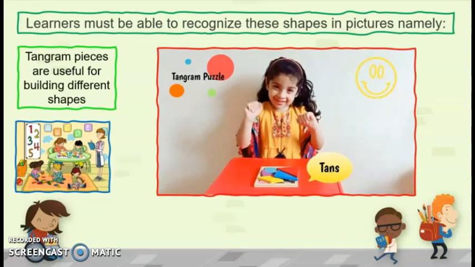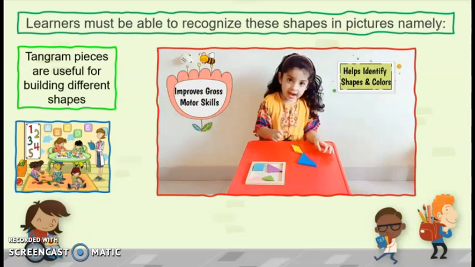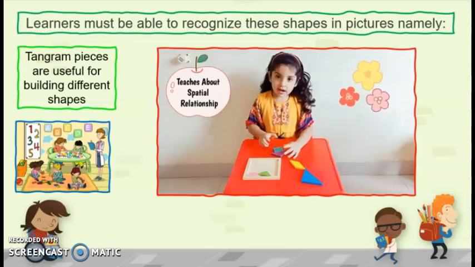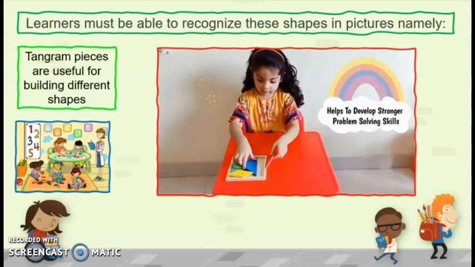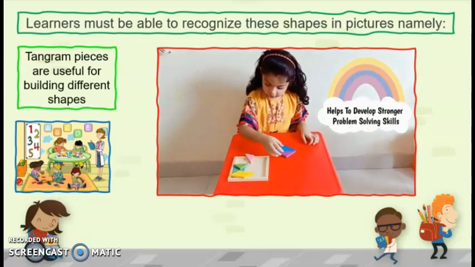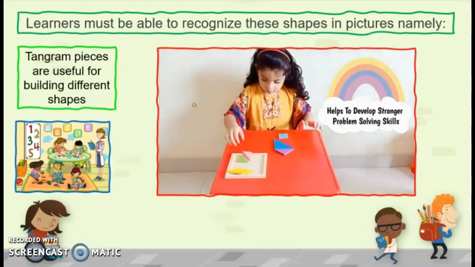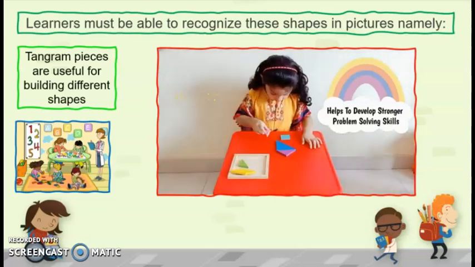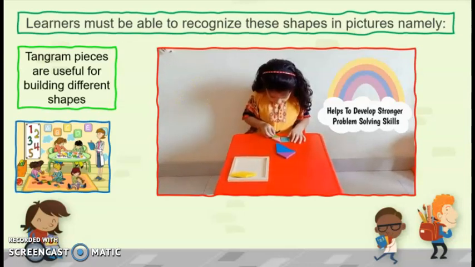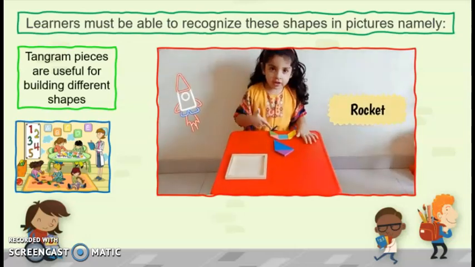Hi friends. That's a kite. That's a house. That's a rocket.